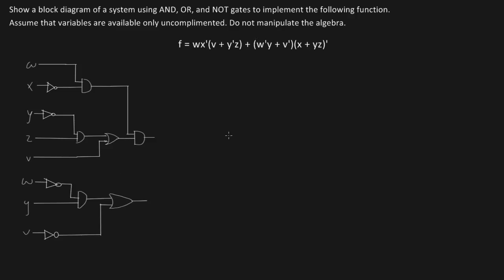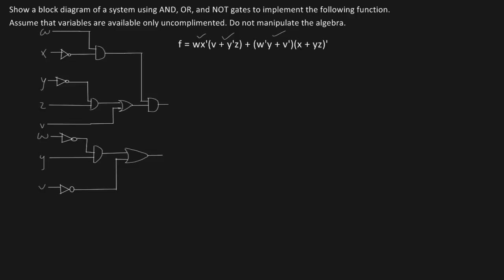Now this right here, that is what's inside these parentheses. So we have done this, oops, we've done this over here. We've done this. We've done this. Okay, so I just went ahead and moved everything up because I knew we were going to run out of room on this one.